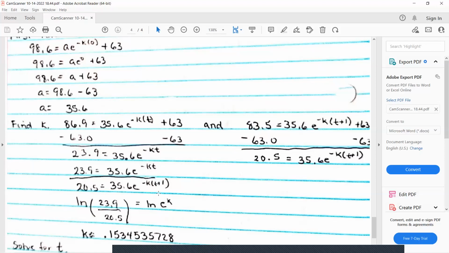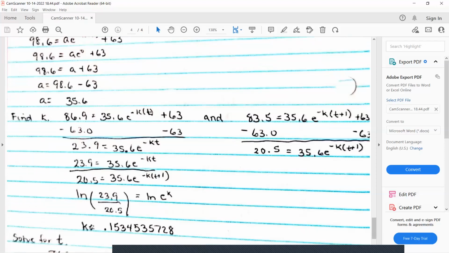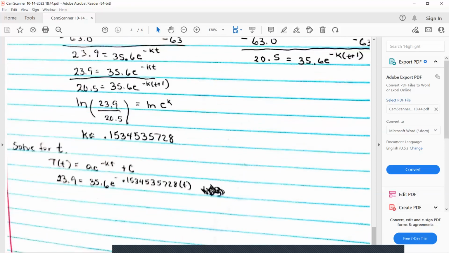And you know how to solve for k from here, so I didn't do that part. And k is this, 0.153453578.